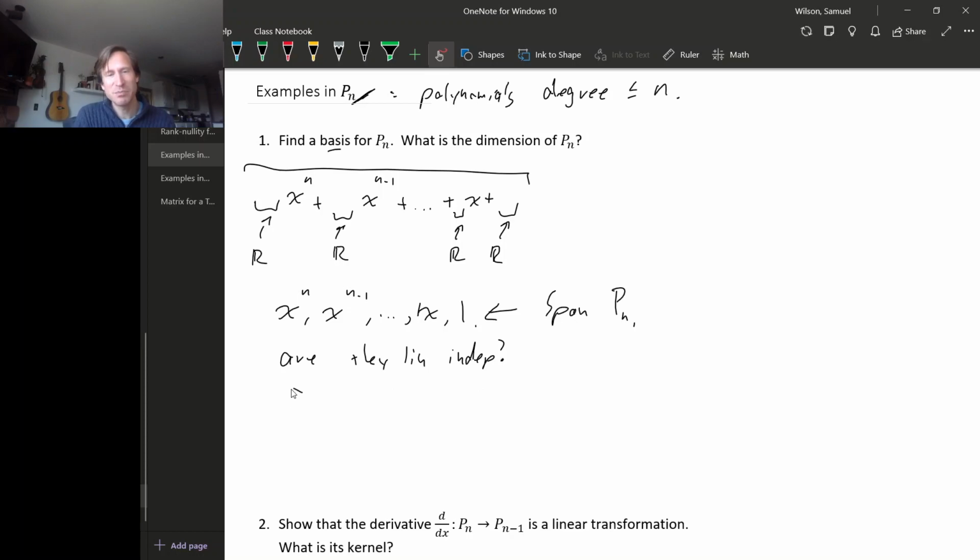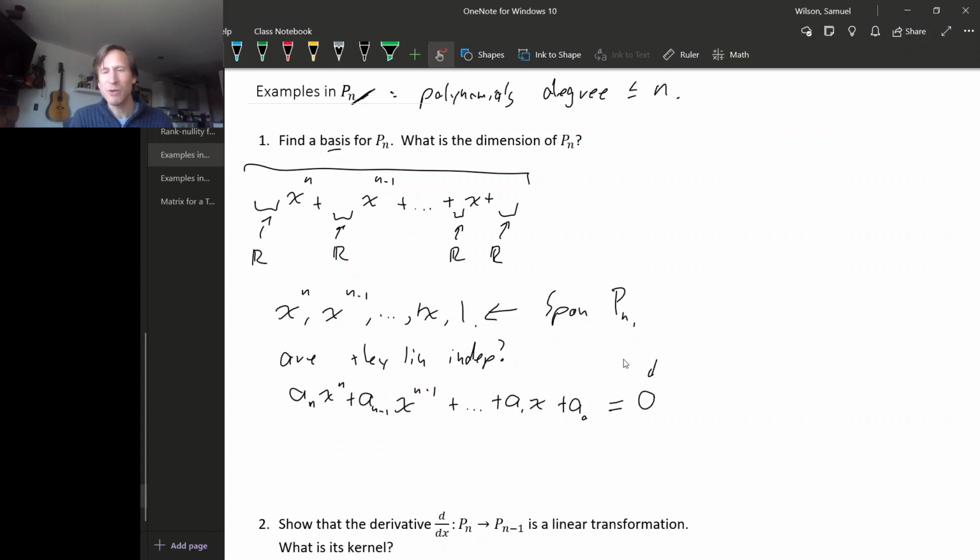Take a linear dependence relationship, let's say a sub n x to the n plus a sub n minus 1 x to the n minus 1 plus, and so on, down to a sub 1 x to the 1 plus a sub 0 x to the 0, which is just 1, and say this is equal to 0. And this 0 over here is the 0 polynomial. So what we need to figure out is, are there any non-trivial linear dependence relationships?